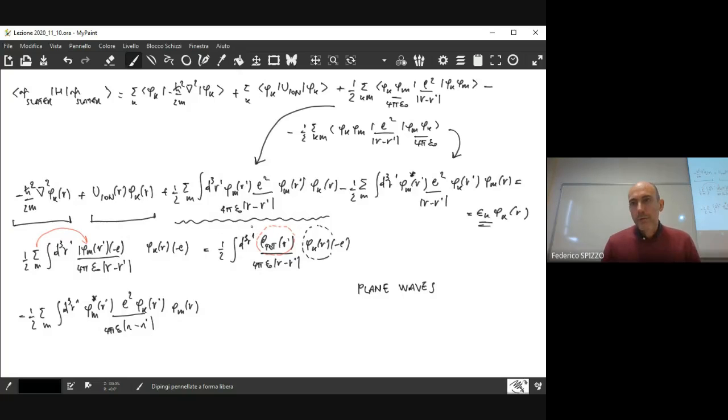energy of the system. So if we may expect strong deformations of the results we have obtained up to now due to the presence of this integral, or if we may still use all the approximations and conclusions we have obtained up to now. In this case, using plane waves, it's possible to make an estimate, because plane waves have a very simple structure.